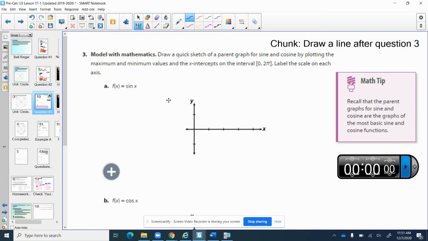Now, moving on, we have the parent functions for sine and cosine. It's really important that you know these, because moving forward, a lot of times all we're doing is transforming based off of this information. So think about our unit circle and those 4 main quadrant values. When we talk about the graph of sine, we start at 0, go up, down, down again, and back to the beginning. This is our parent function of sine.